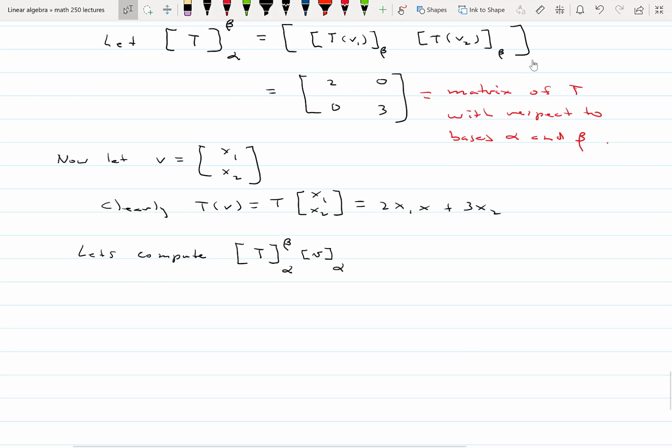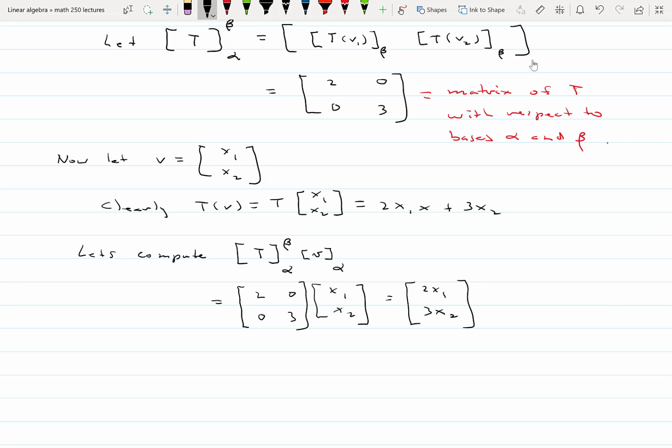Well, we just found that the matrix of T with respect to the bases alpha and beta is this diagonal matrix, 2, 0, 0, 3. And what is the coordinate vector of V with respect to alpha? Well, if it's just a 2 by 1 column vector, it's just going to be the same vector. We get that luxury. And what happens when we multiply this out? We get the column vector (2x1, 3x2).